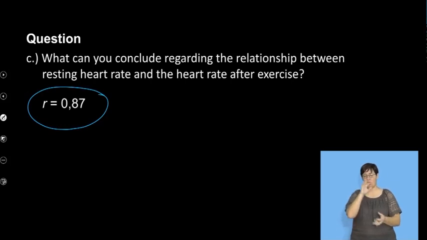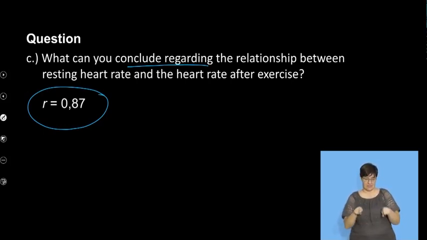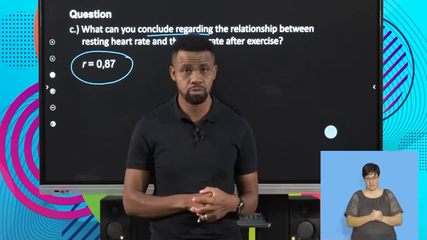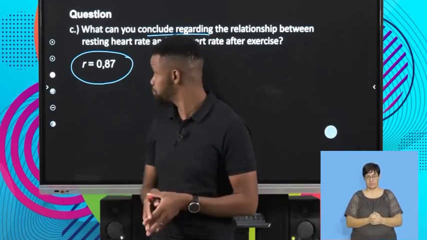Okay, so what can you conclude regarding the relationship between the resting heart rate and the peak heart rate after exercise? Are we all together? What can you conclude? There is a strong relationship, an association between the two. Strong, positive correlation. Okay, fantastic.